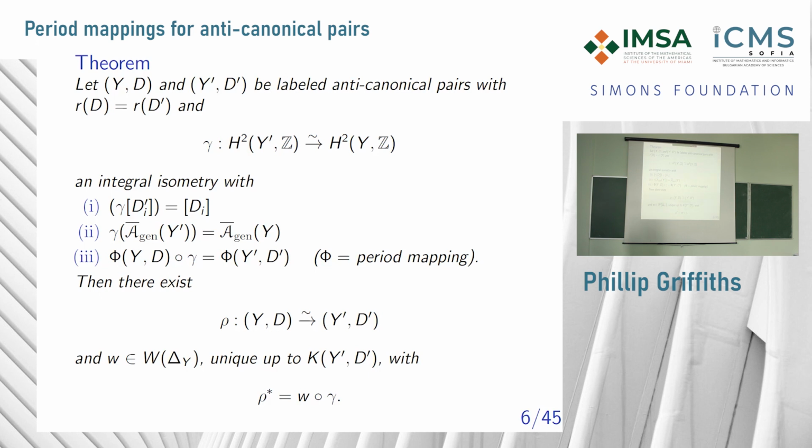He's asking, are all the conditions necessary for Torelli in this case? All conditions are necessary. Yeah, these are the necessary and equivalent conditions that there exists such an identification.